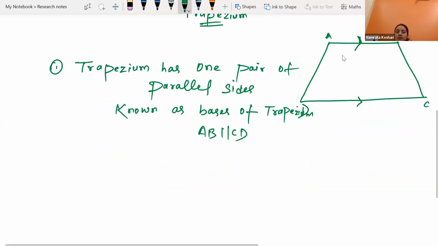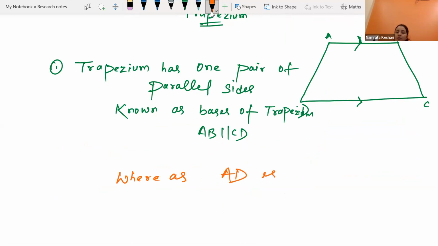Now the other properties, whereas AD is not parallel to BC.